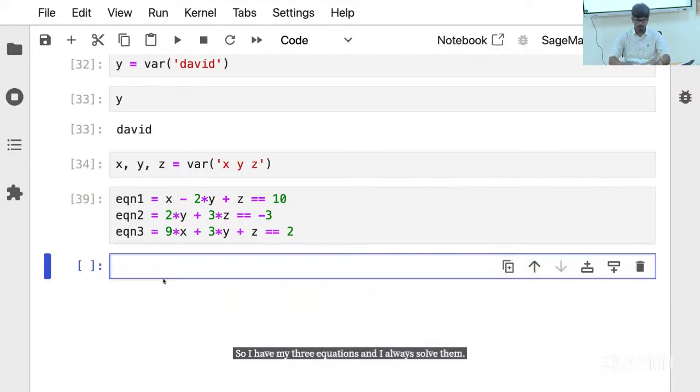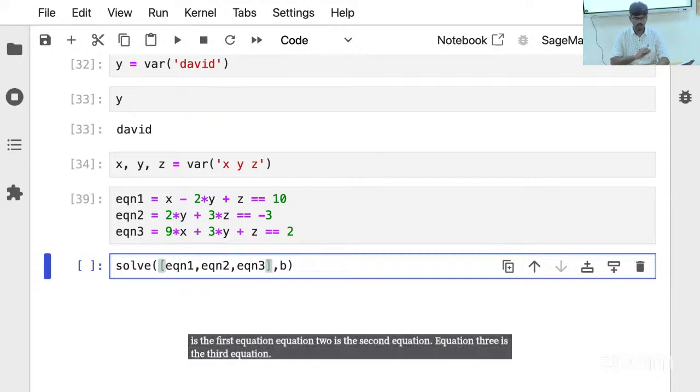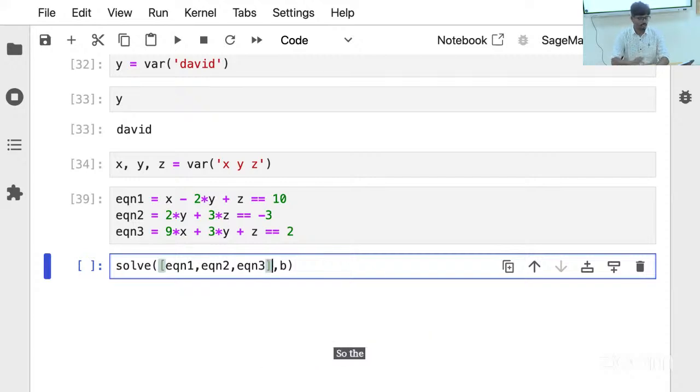Sage Math by default has a function called solve. It takes two arguments, call them A and B. The first argument is a set of equations given in an array. Equation 1 is the first equation, equation 2 is the second, equation 3 is the third.